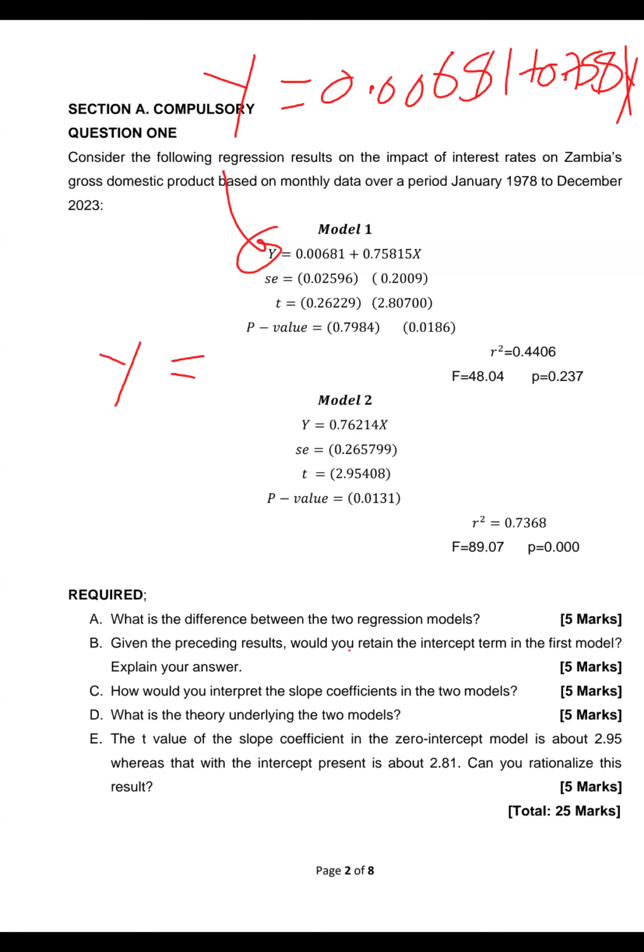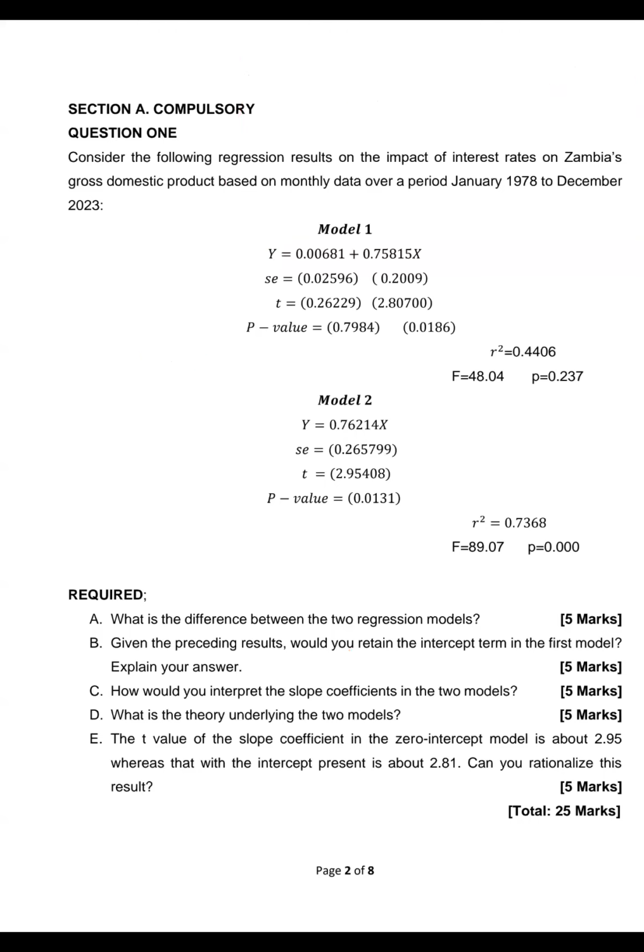Okay. So number 1, I don't have to be rewriting the same things I already wrote. Let's start with the intercept. Model 1 has an intercept. There is no intercept here. You've seen, it's just y is equal to beta 1x, because the beta naught is now 0, right?